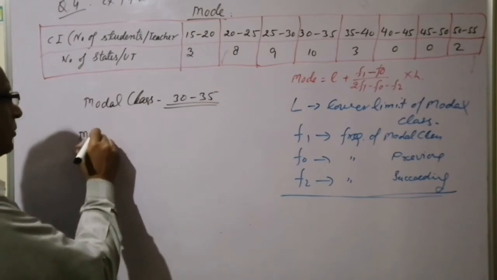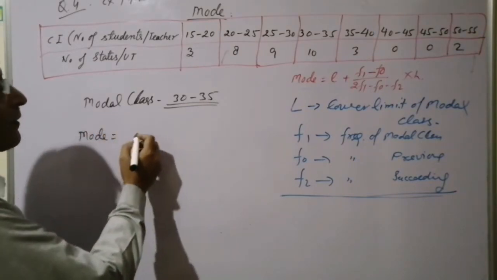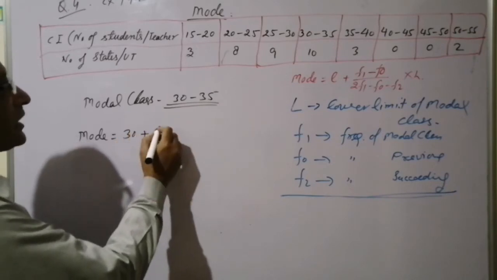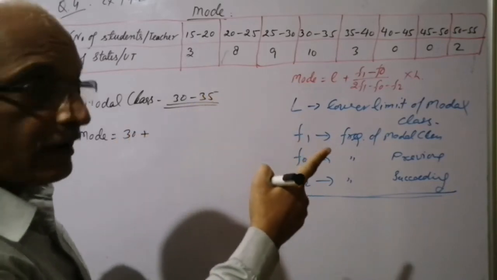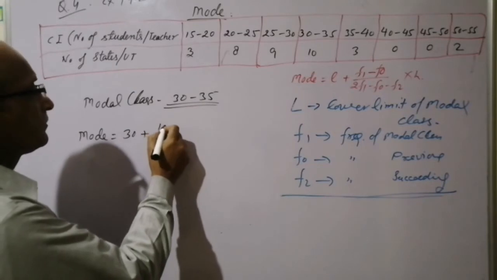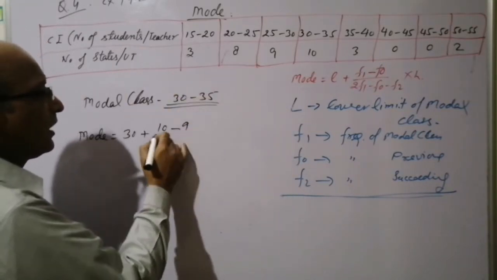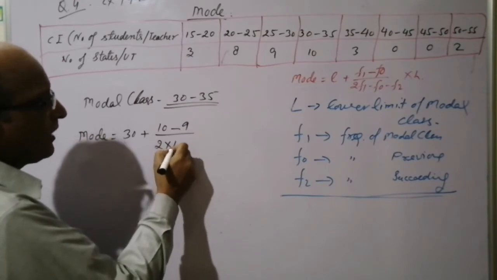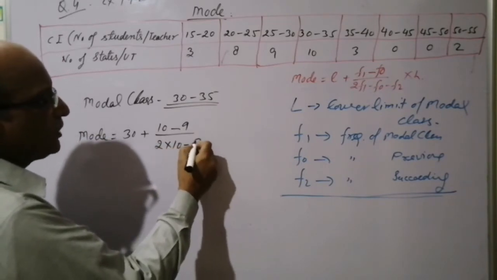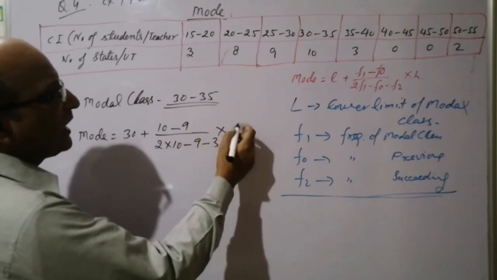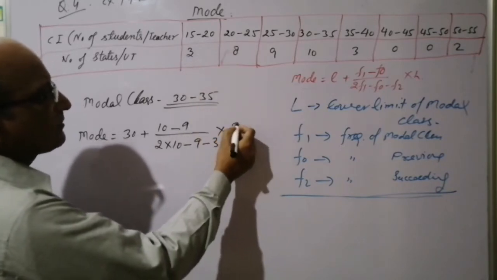So mode is equal to L, that is 30, plus F1, that is 10, minus F0, 9, upon twice F1 minus F0 minus F2, multiplied by the height of the class, that is 5.